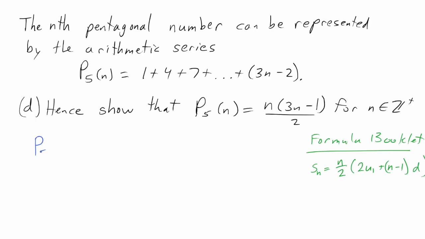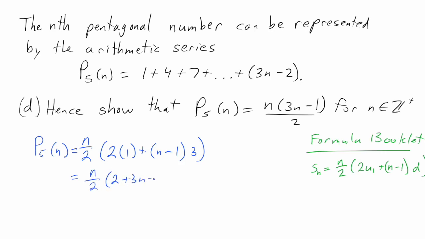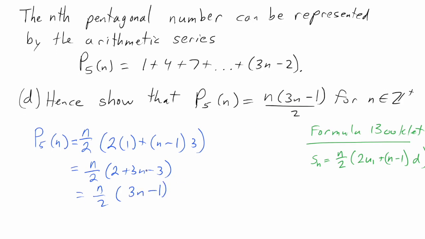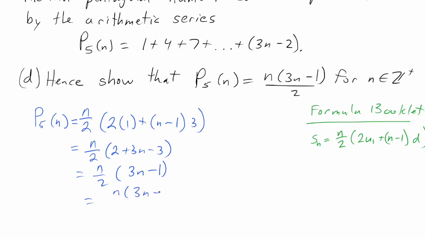So P5 of n should be equal to the number of terms, so n over 2 times the first term, which is 1, plus n minus 1 times d, which is 3. Okay, so just to simplify this, n over 2 times 2 plus 3n minus 3, which is n over 2 times 3n minus 1, which is exactly the same as what is required.